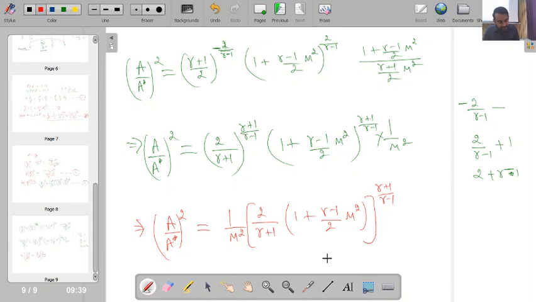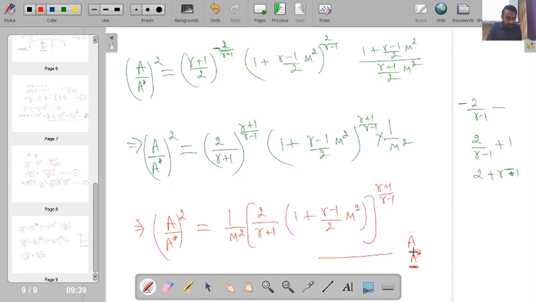So this is a relationship between A by A star. What is A? A is the area at any arbitrary location, and A star is the area at the throat. If I consider that the area at the throat corresponds to a sonic situation, that will be the minimum area.